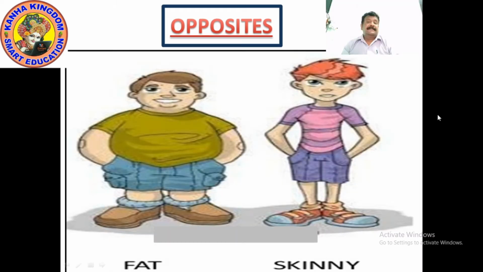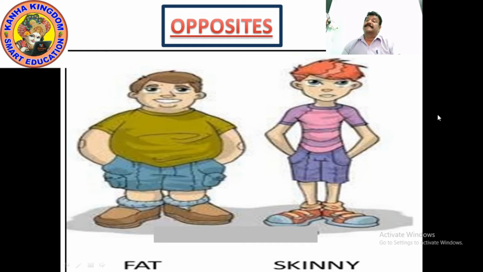Look at the opposite. You can see 2 guys standing in front in shorts, both with their hands in their pockets. And look at the bottom, what is written? It's written fat and skinny. What do you understand by fat? Fat means he is healthy.